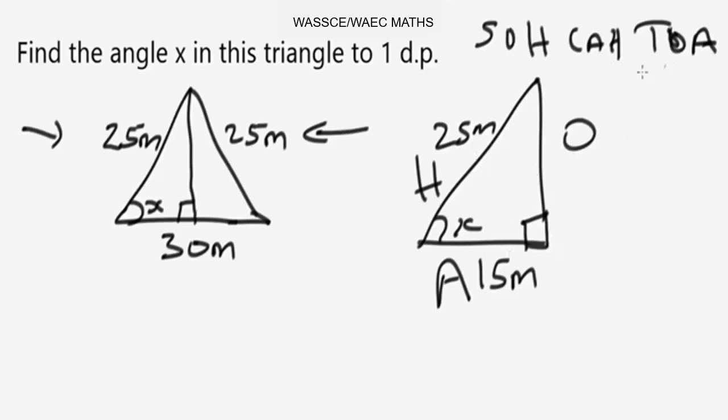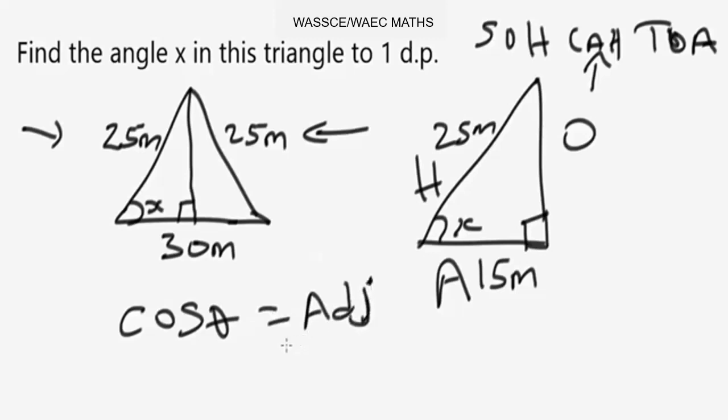So from these parameters we have, this will tell us that we are going to make use of cos. Cos has both adjacent, this one, and hypotenuse. So that's cos theta. We're looking for x, the angle there, will be adjacent over hypotenuse.